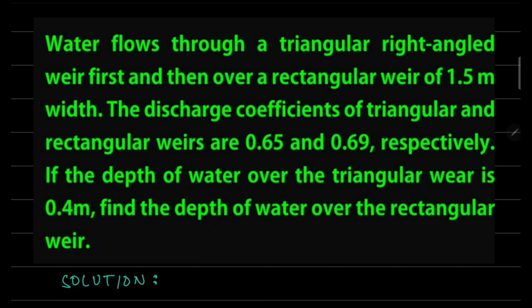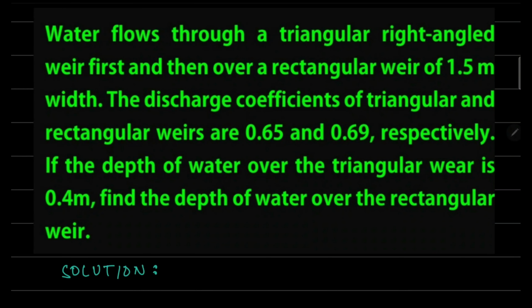So for the solution of this problem, first of all we will note down all the values that are given to us. For the rectangular weir, the L value is 1.5 meter and the CD value is 0.69.